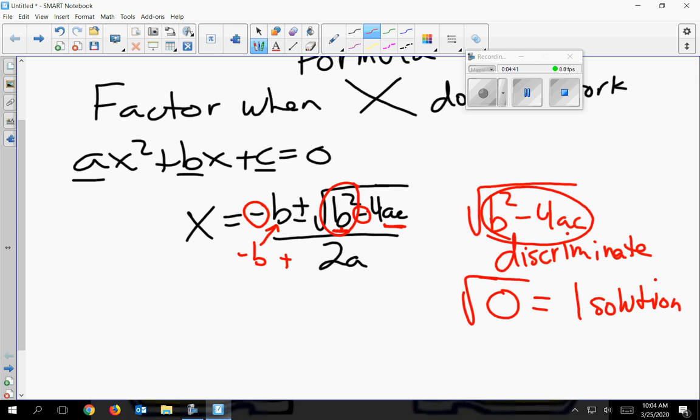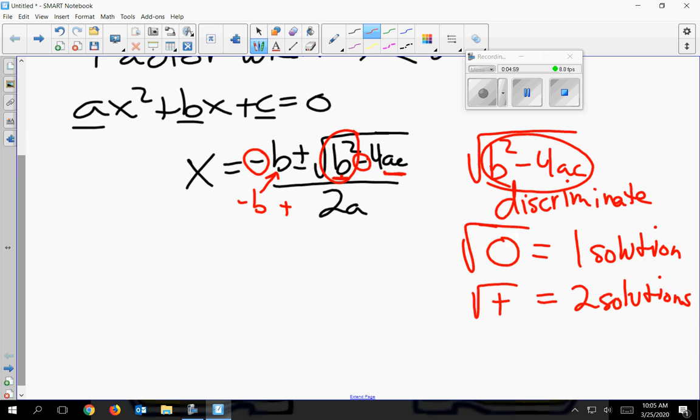If I get a positive answer, whatever it might be, I'm always going to get 2 solutions. Okay. If I get a negative answer inside the radical, like a -1, if you guys remember, I can't take the square root of negative answers, okay?